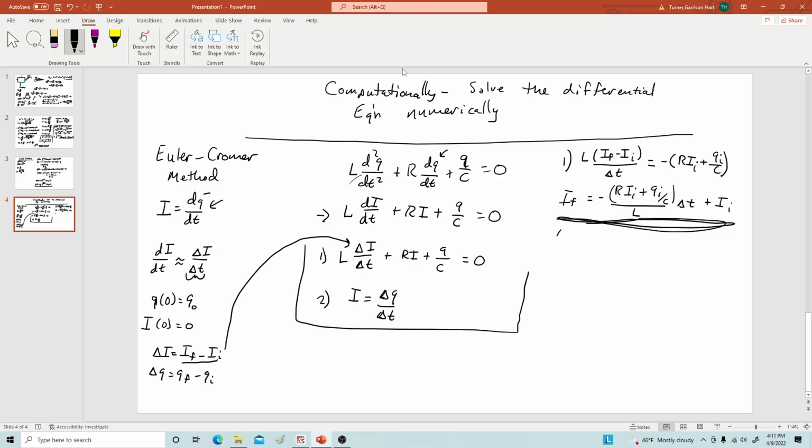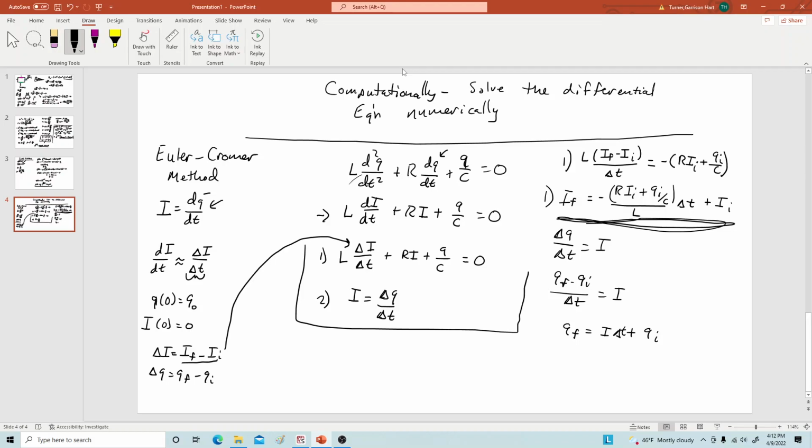Right? And then for the current, I have delta Q over delta T is equal to I, and QF minus QI over delta T is equal to I, and solving for QF is going to equal I delta T plus QI.